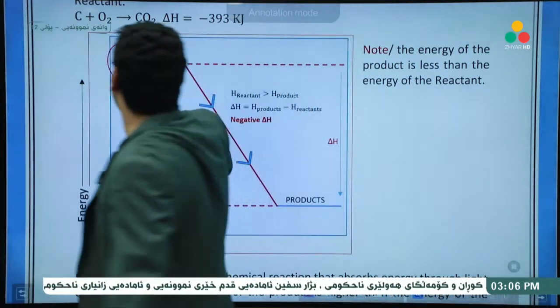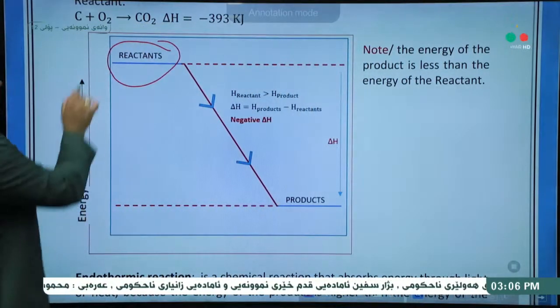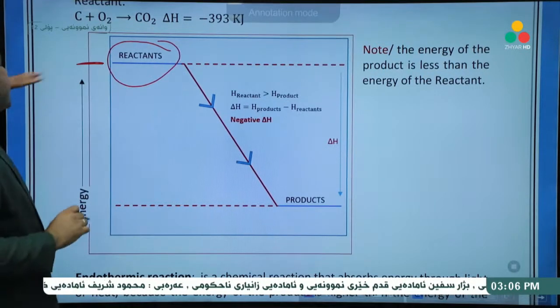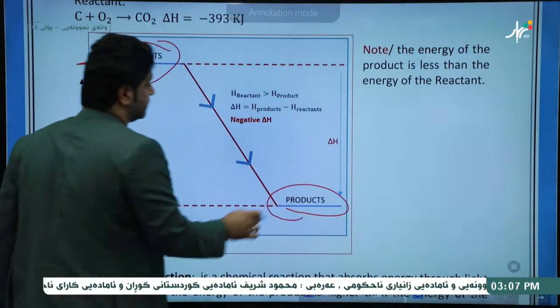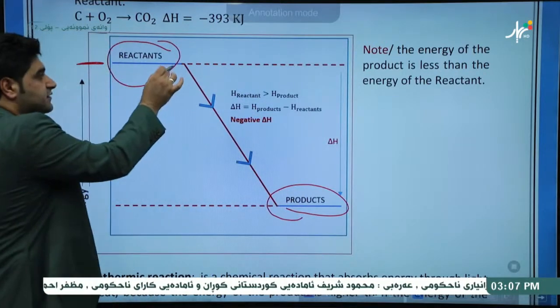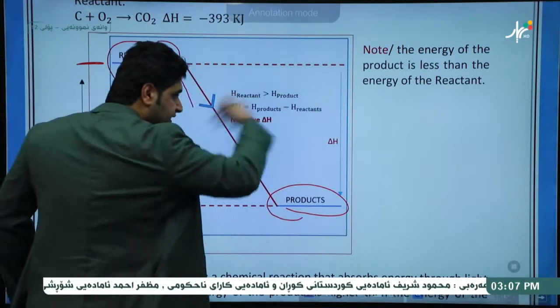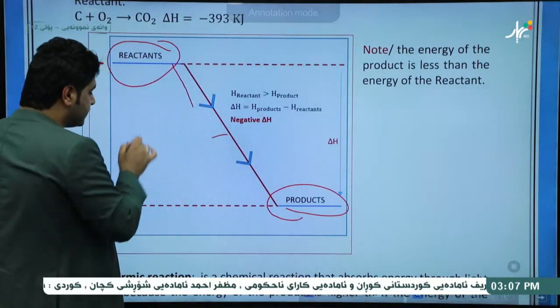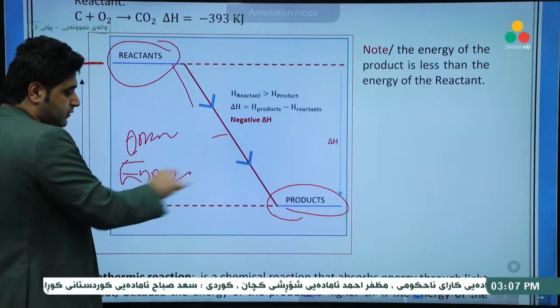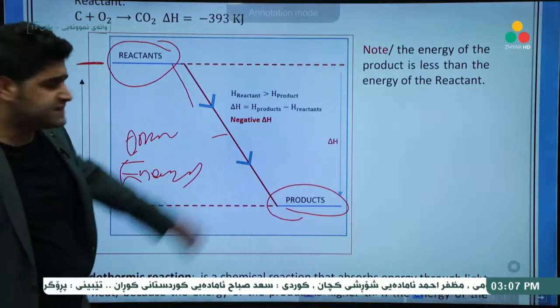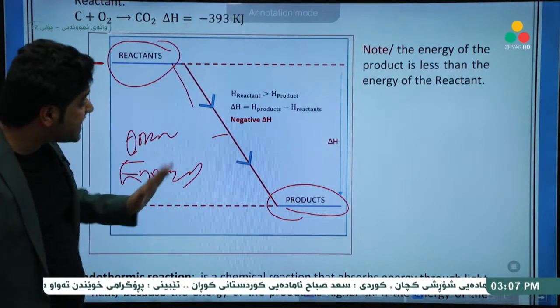This is the energy of the reactants. Look, here we have energy. So the energy of the reactants is very high, but the energy of the products is very low. It means it releases energy. This is the amount of energy that is released.